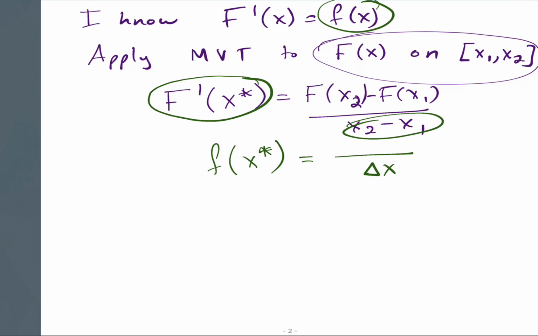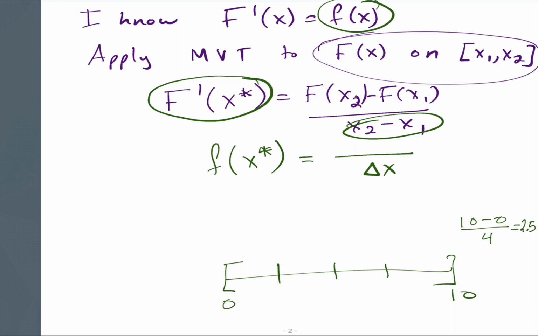Yeah, so for example, let's just say hypothetically, just to make sure we're on the same page here. So let's say you do, let's see, what is that? Okay, that's 4 subintervals, yes? So this is 10 minus 0 divided by 4, which is 2.5, right?